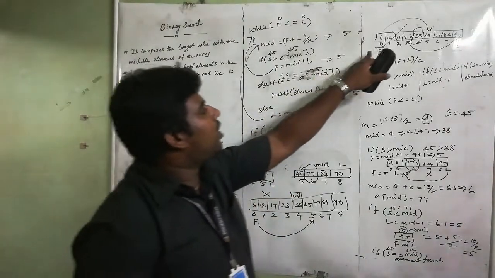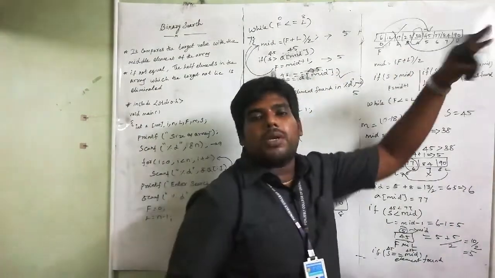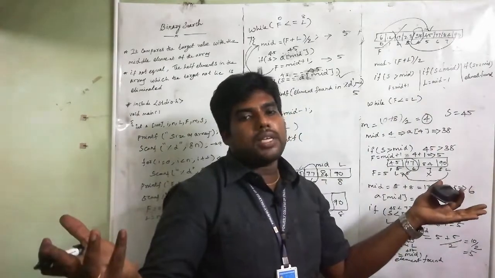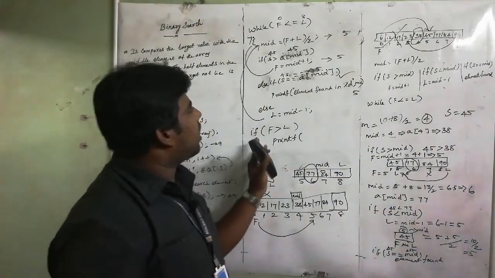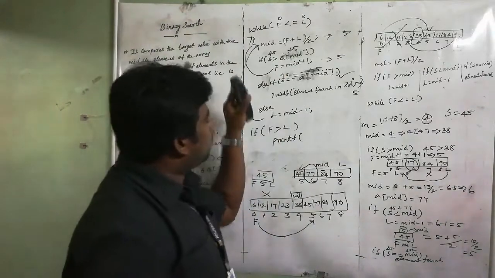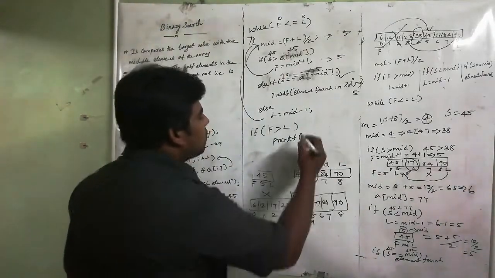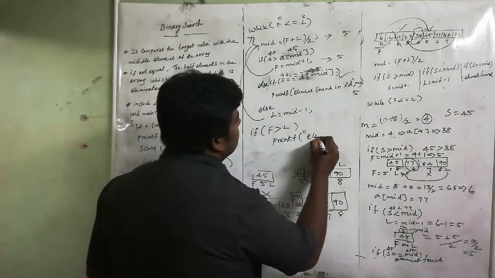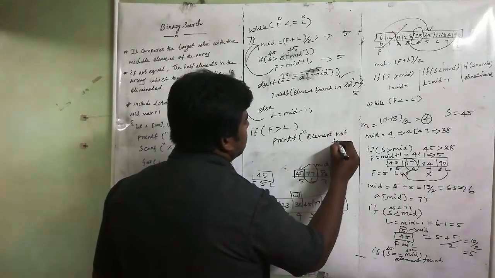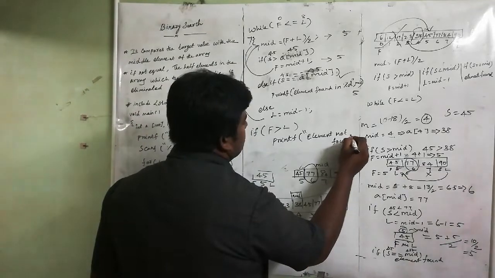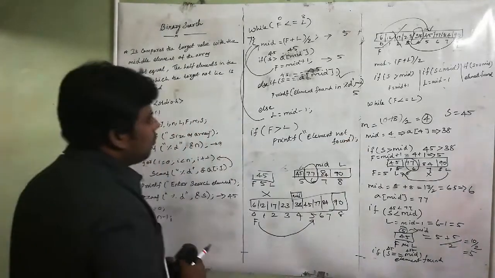If the first value is greater than the last, means element is not present in the array. So I am checking condition, if first is greater than last, after checking the loop, the first is greater than last means element not found. Element not found. All of you got it.